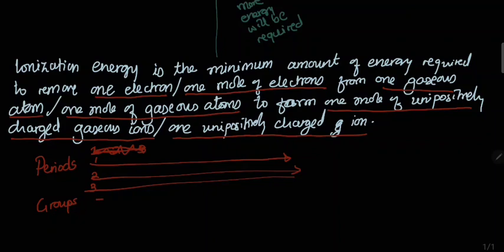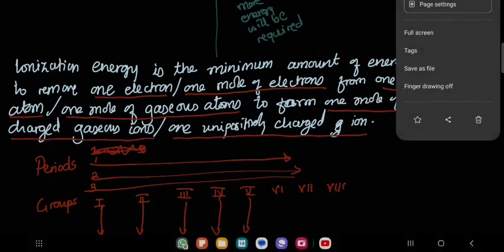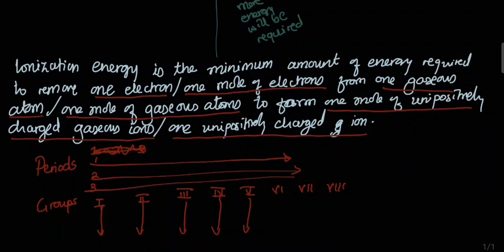Now we have groups 1, 2, 3, 4, 5, 6, 7, 8. These run vertically downwards. Now let me get a fresh page here. Okay, so here is my fresh page.